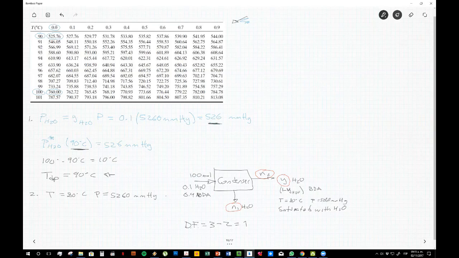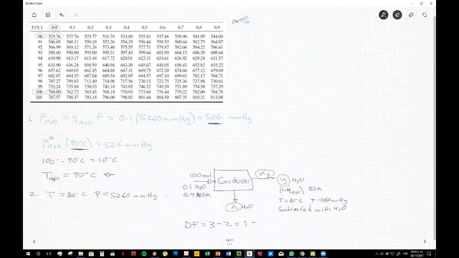Well, what we do is understand that the bone dry air is in gas form and can't be condensed by changing the temperature a little bit, but water is a condensable component in that mixture. And then we, of course, can use Raoult's law, right? Raoult's law, because we have a gas phase that has a condensable component.